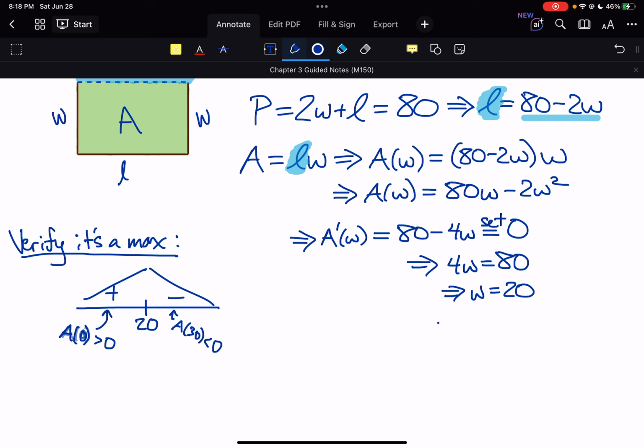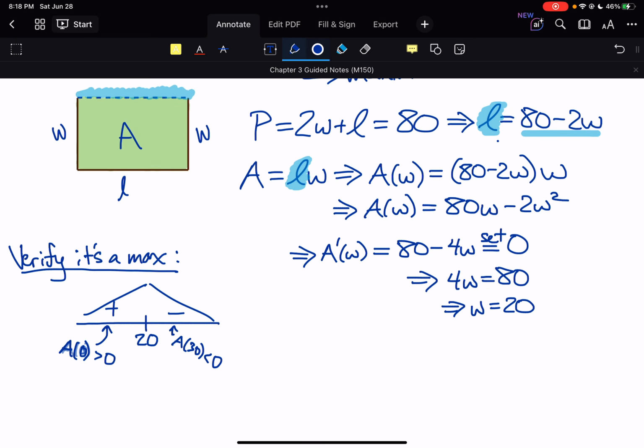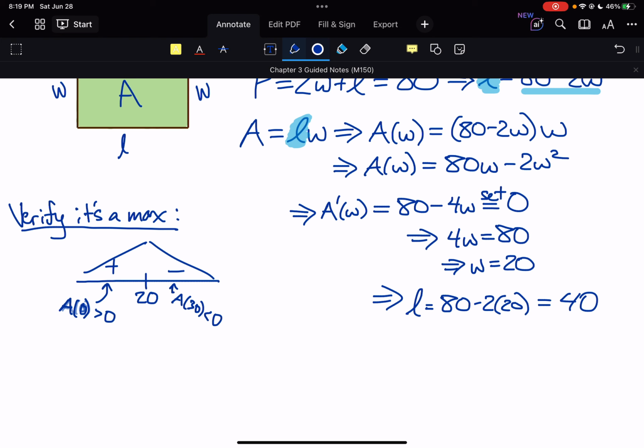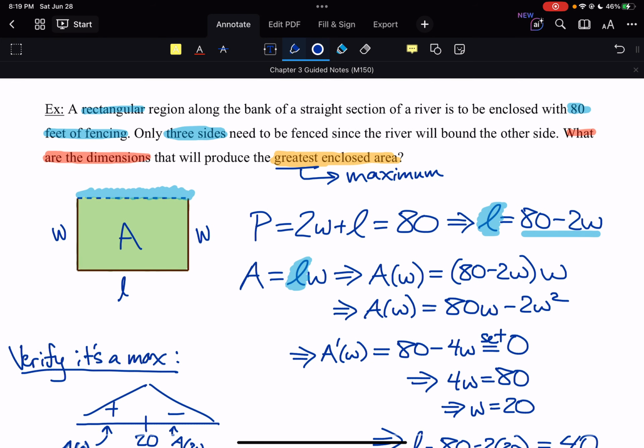Okay. Once we have W, now we get L. So L was 80 minus 2W. So L is 80 minus 2 times 20. 80 minus 40 is 40. So this asked for what are the dimensions that will produce the greatest enclosed area.